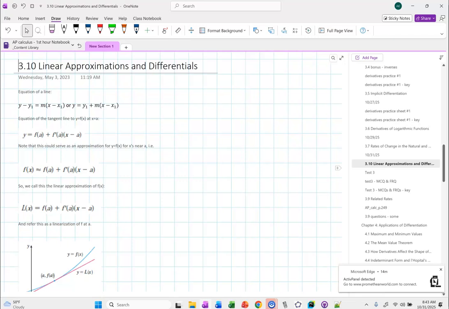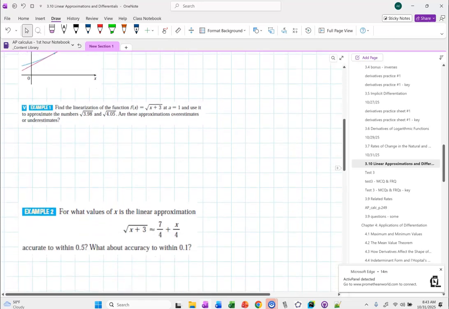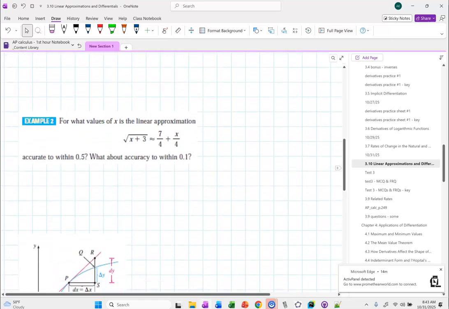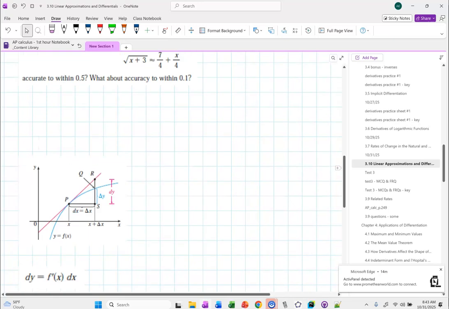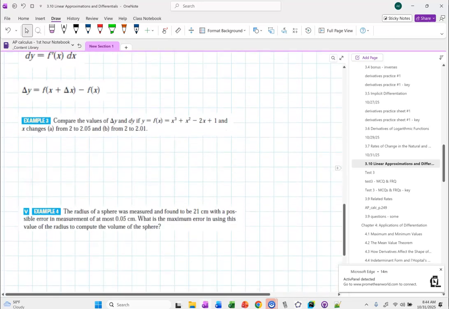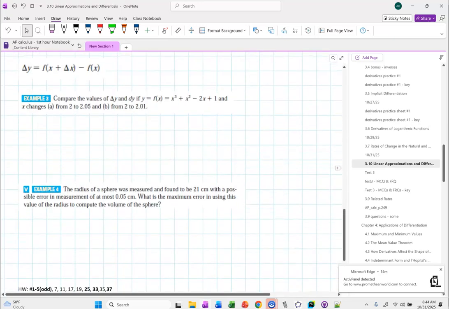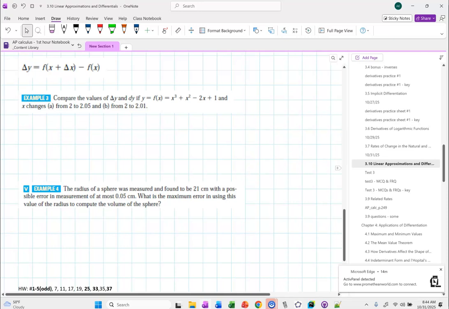So they do all of this mumbo jumbo in the book. It's senseless. I don't care. So let's do this. Okay, so we have this curve.